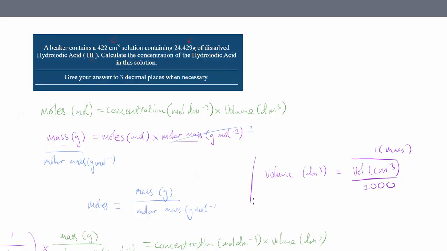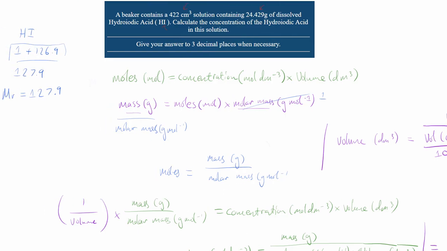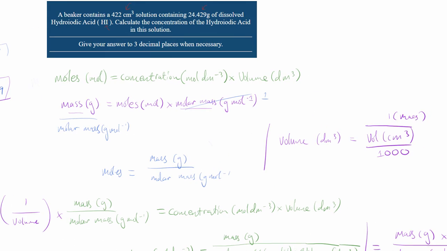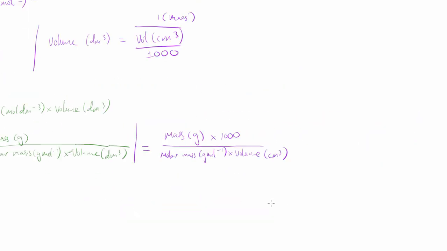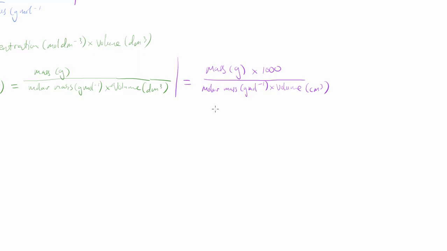So if we just plug in the values you've got here, also using the 127.9, I'm just going to quickly do that. What we've got is 24.429 multiplied by 1,000, and then the molar mass and the volume.